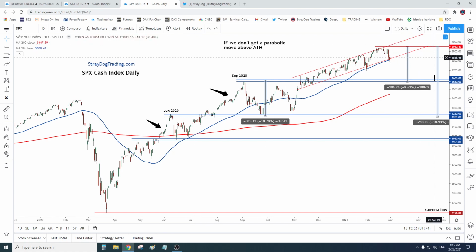For getting a bigger pullback, and literally a bear market below 3,200, the market needs a fundamental catalyst.